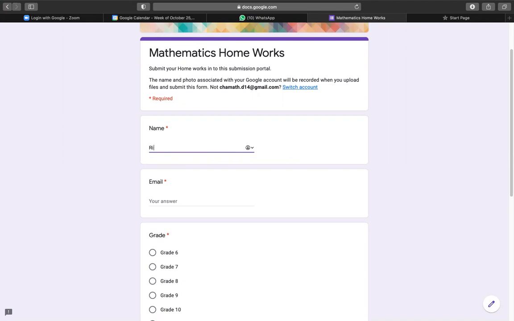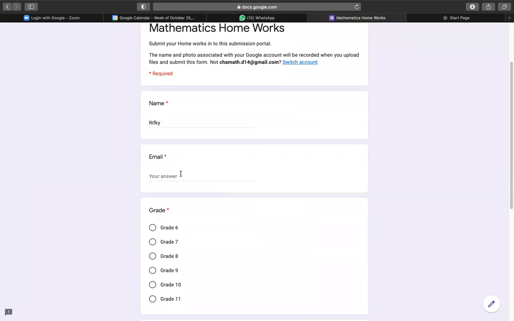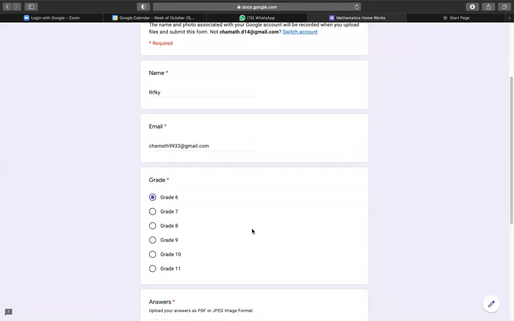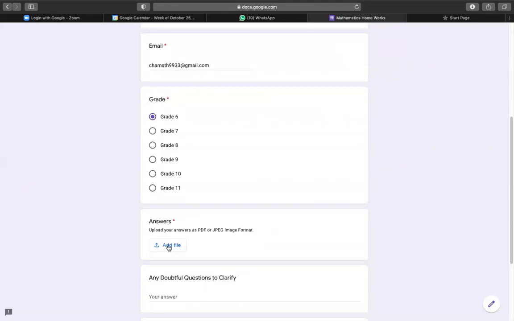I'll write Rifki like this, right? And then you have to type your email. I will type one of my emails like this. You have to type your email, okay? And you have to select your grade, and I'm in grade 6, right? And once you click this here, can you see that? Upload your answers as PDF or JPEG image format.